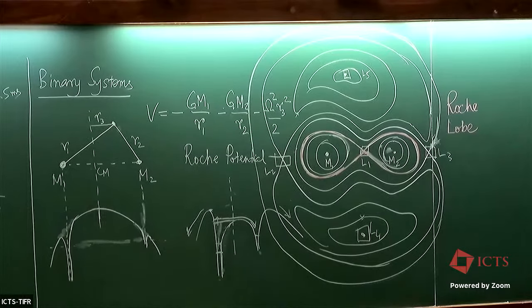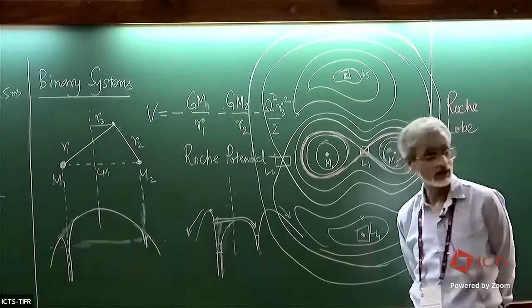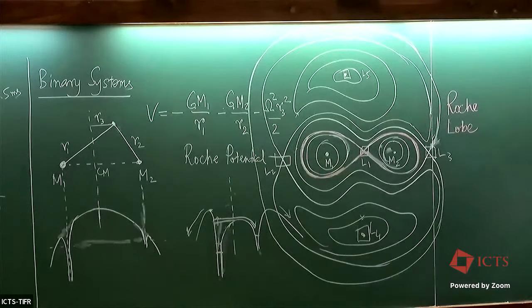So let's say the 20 solar mass star transfers 15 solar mass onto the other star, and then is left with 5 solar mass. The other star, which started as an 8 solar mass star, has now become a 23 solar mass star.